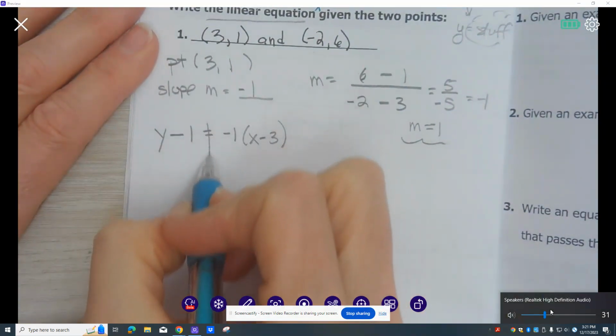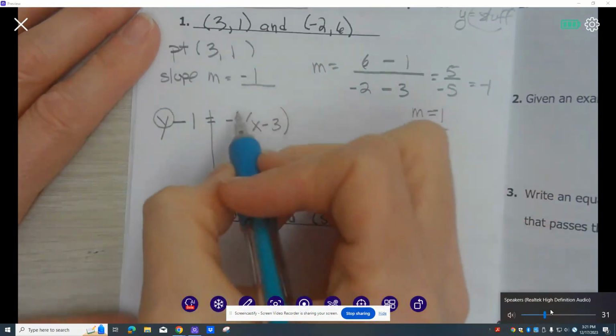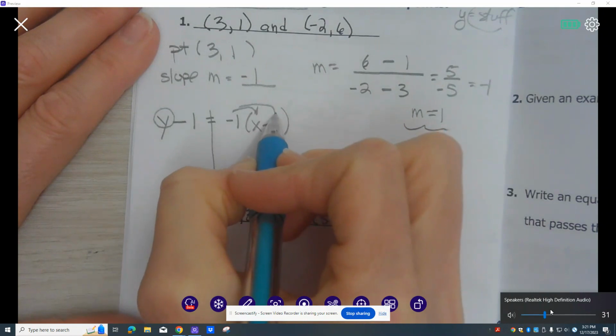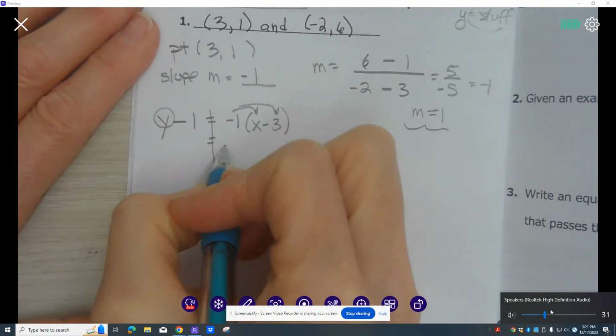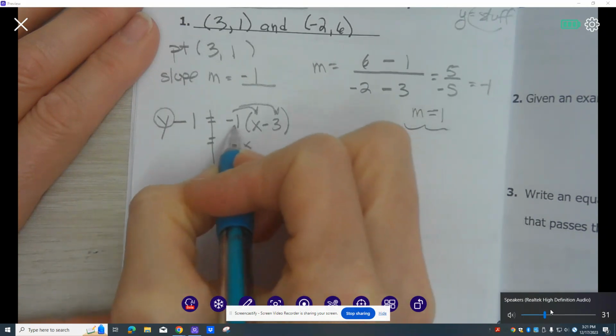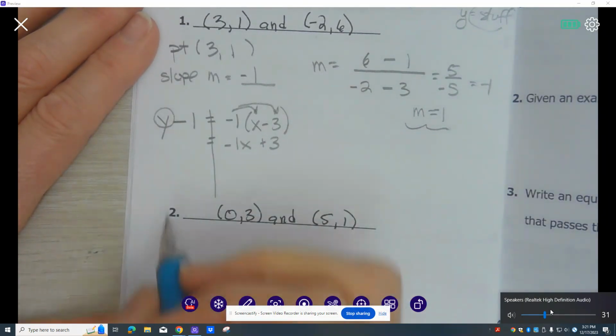So we're going to draw a line here and get y by itself. So please excuse dear Aunt Sally, or PEMDAS says you must do parentheses first. So this will be negative 1x. Negative times a negative is a positive, so that will be plus 3.